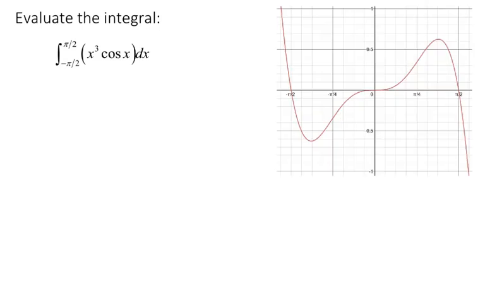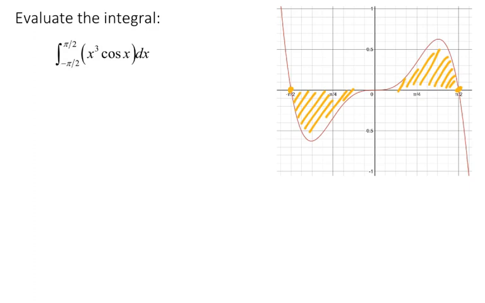Looking at this graph here, from negative pi over 2 to pi over 2, we are considering these two shaded regions that I've just shaded in here. And what you'll notice is it looks pretty symmetric, right?